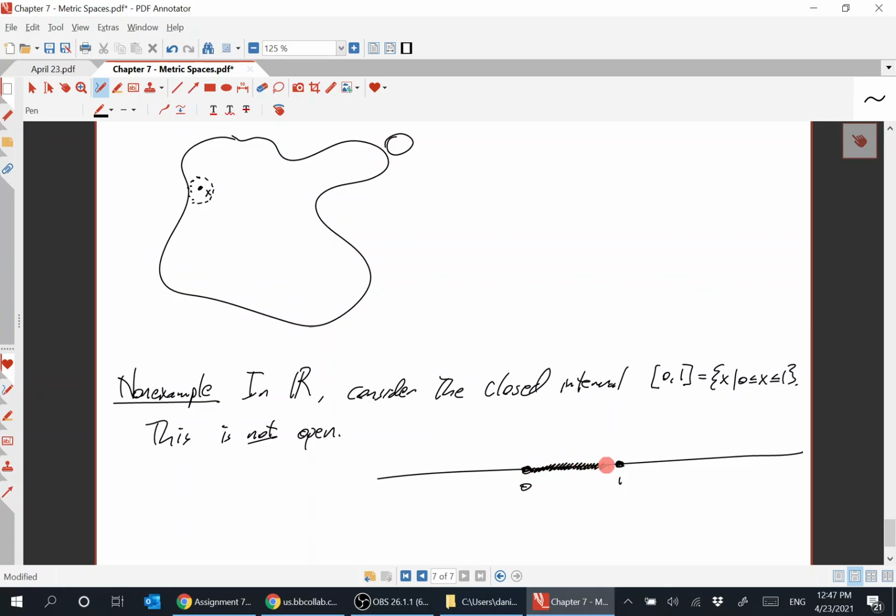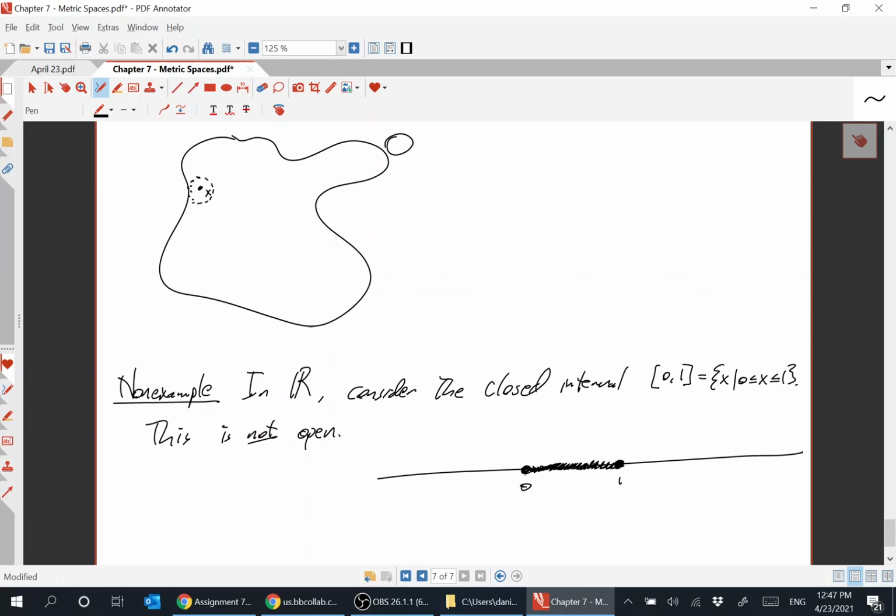Which element in the interval do you think I can't put an open ball around and stay in the interval? Where does this open ball thing fail? Well, there's the obvious choice: 0 or 1. Either one is fine.